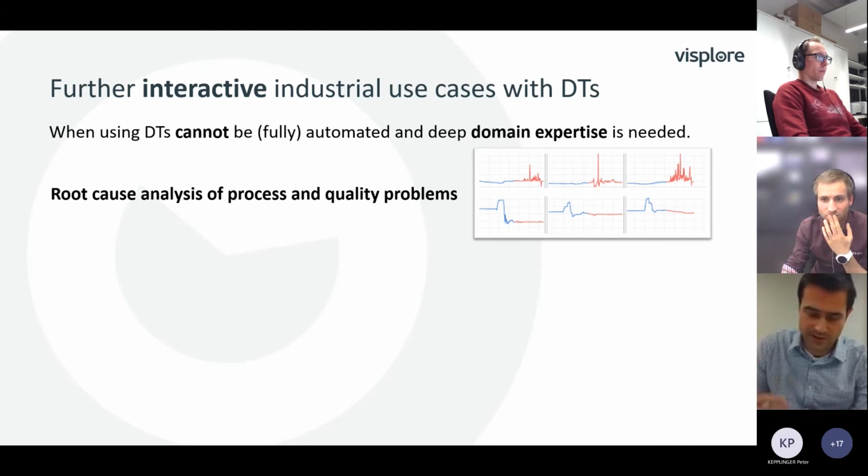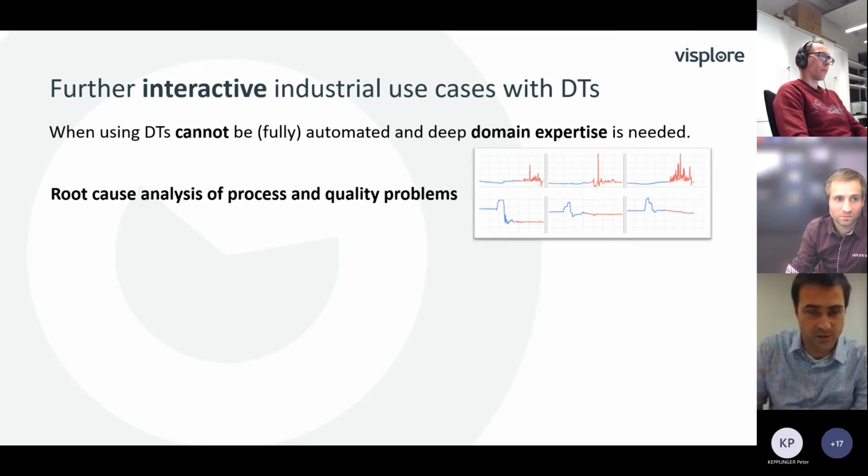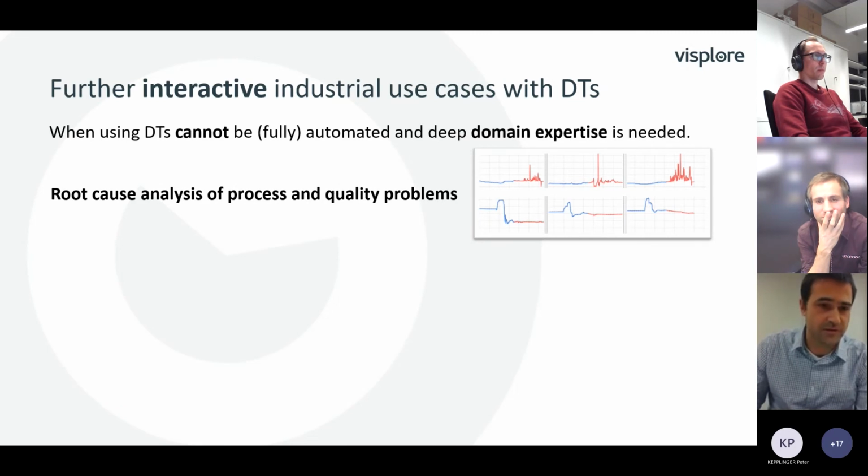When talking about digital twins, a very common understanding is that this is something purely automated and used for some automated optimization, for example, or some automated monitoring, which is of course a very important use case, but there are also equally important use cases that actually require the human in the loop. And one of those is root cause analysis of process and quality problems.